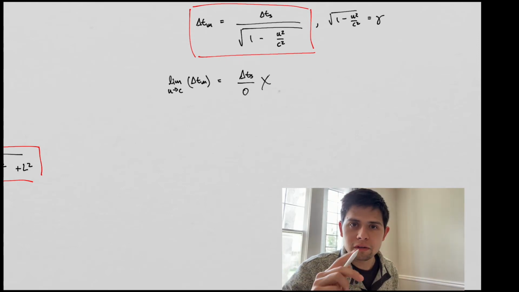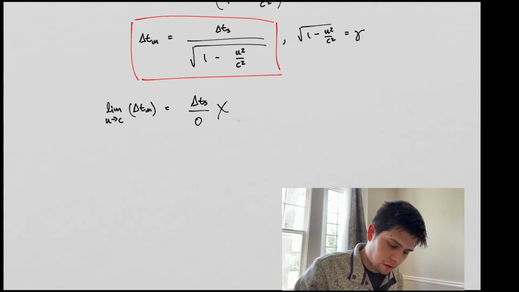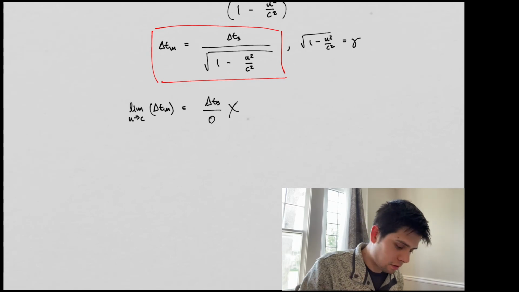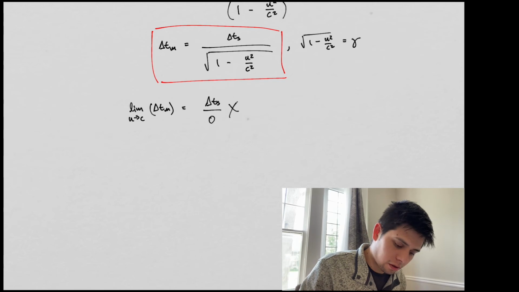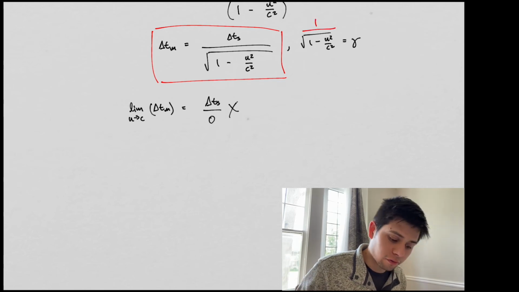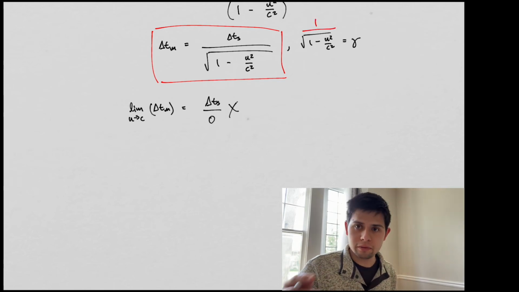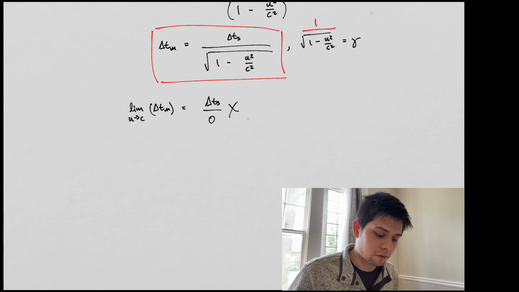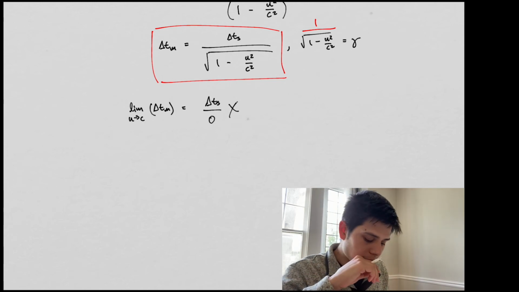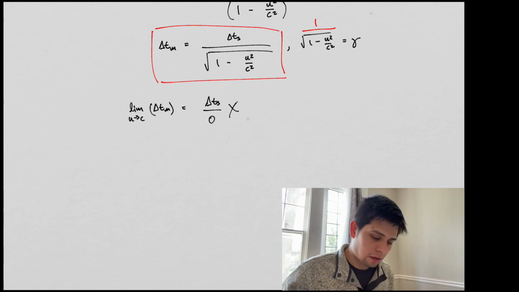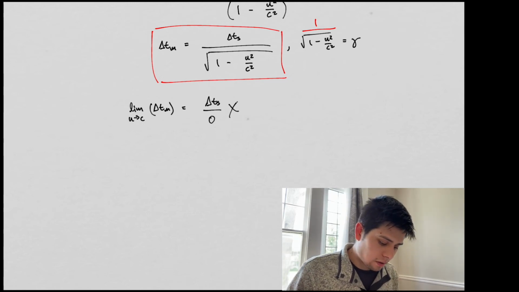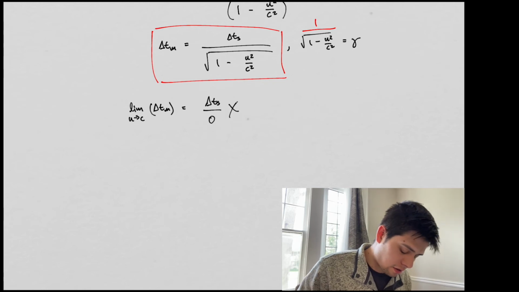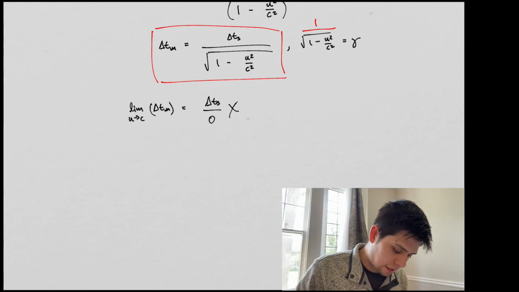All right, I just want to make a small correction that I noted. Gamma, this thing right here, is actually 1 over that. So 1 over that is what's going to be recurring throughout the special relativity playlist, and we want to keep this in mind.